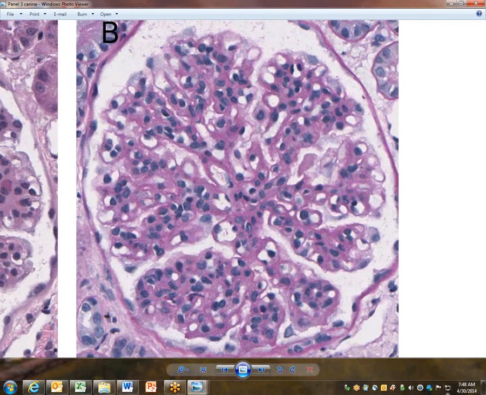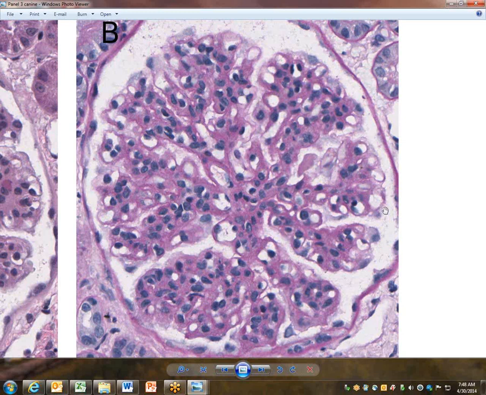Here's the PAS. Okay, so I think it has kind of the same features here. I think that the capillary loops are a little bit more evident in the stain. And as far as thickness of the GBM, I would say peripherally, like at 3 o'clock, they look okay.